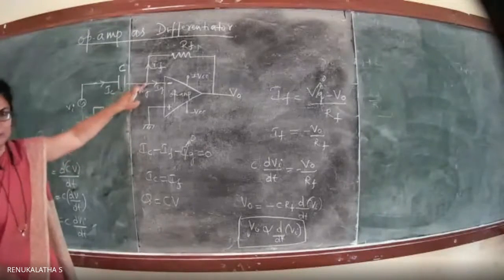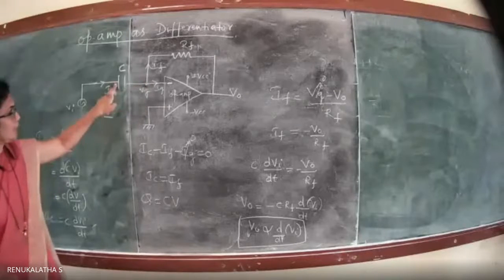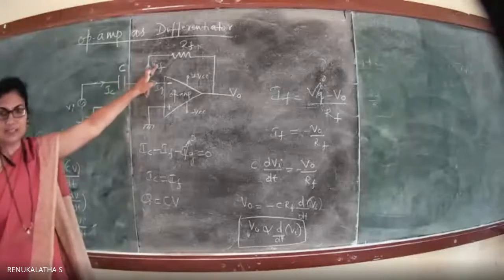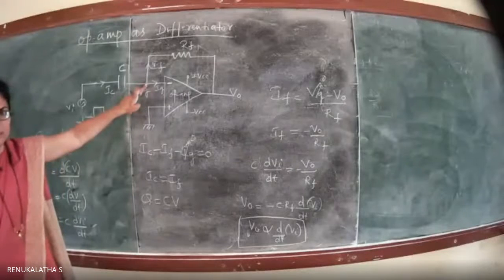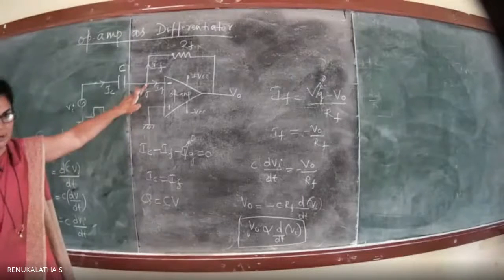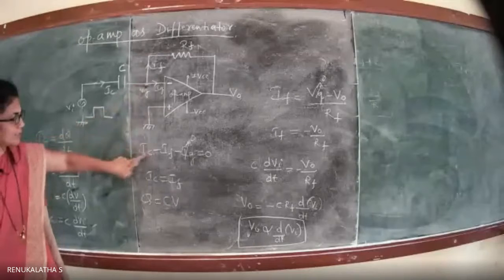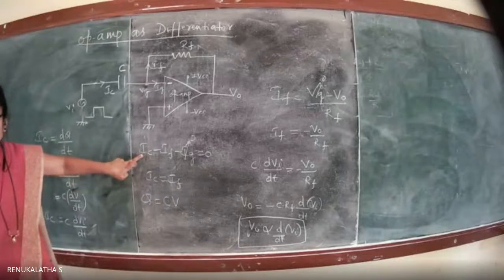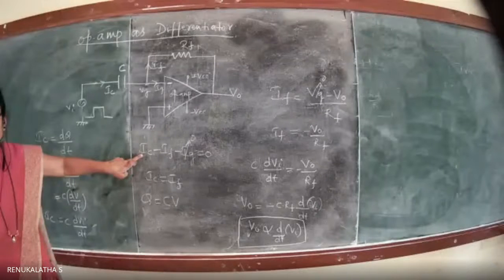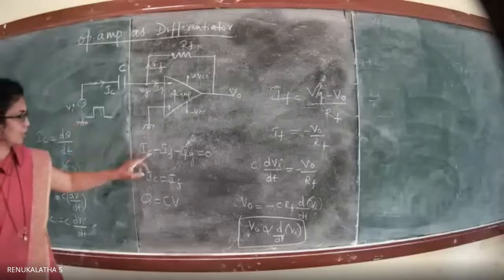For that, we need to find the current at the input side and the current at the output side. So the algebraic sum of the currents at this point is 0. We know that expression. Any doubt in this expression? That's clear, no?